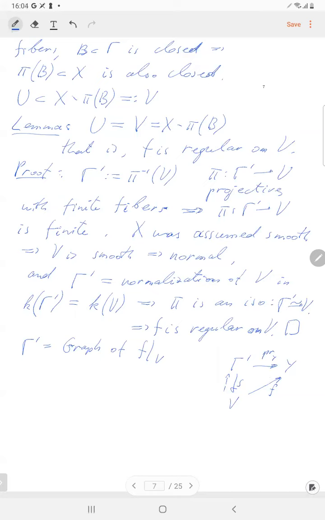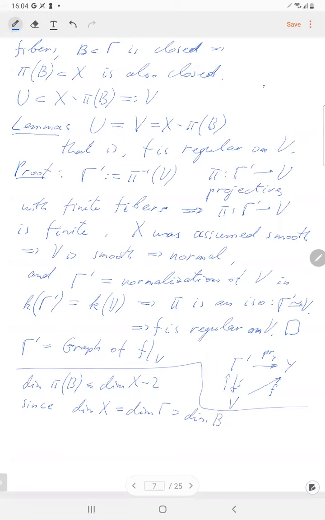It was only a lemma, right? And now we have to finish the proof of our theorem. Namely, we need to know that the dimension of the projection of this bad set is at most dimension of X minus 2. And this is true because the dimension of X is the dimension of the graph and is bigger than the dimension of the bad closed subset.